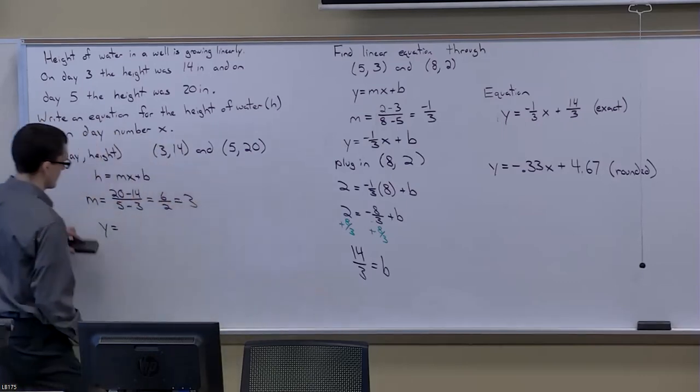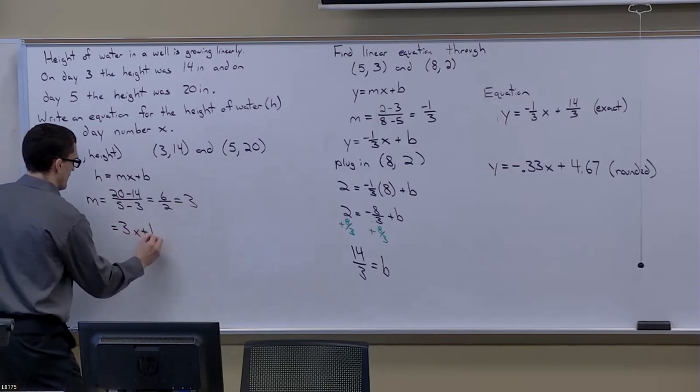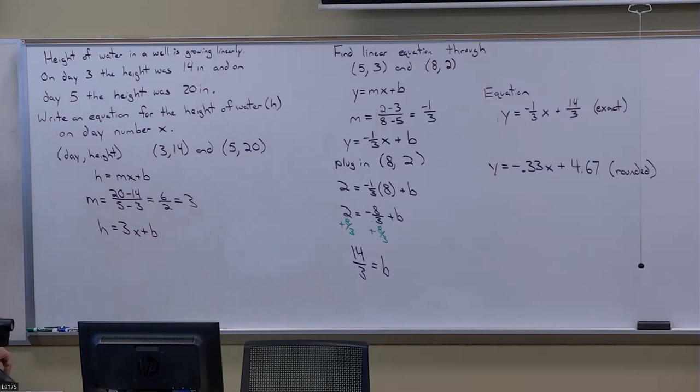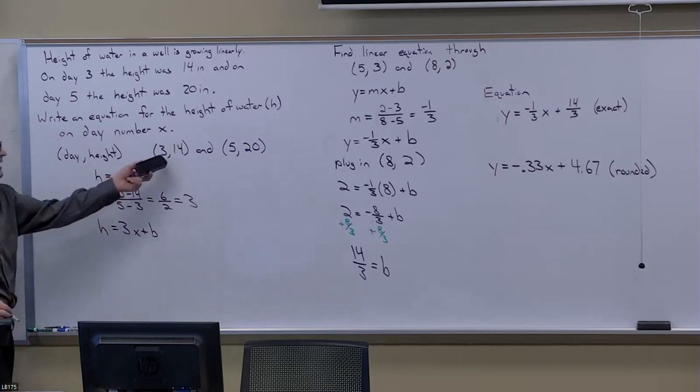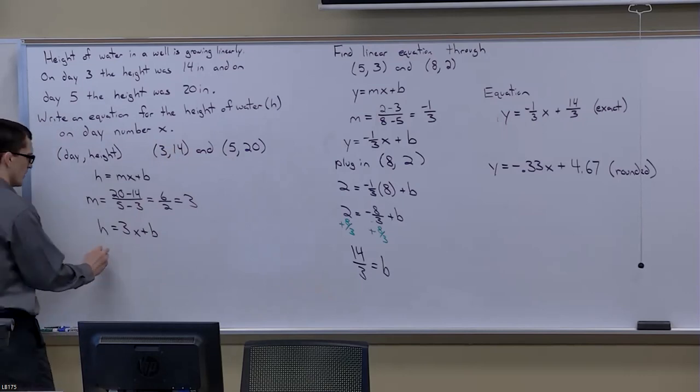Normally I do y equals 3x plus b, but now they're asking me to use h for my variable instead of y. And just like we did earlier, plug in one of those points. So let's plug in 5, 20.